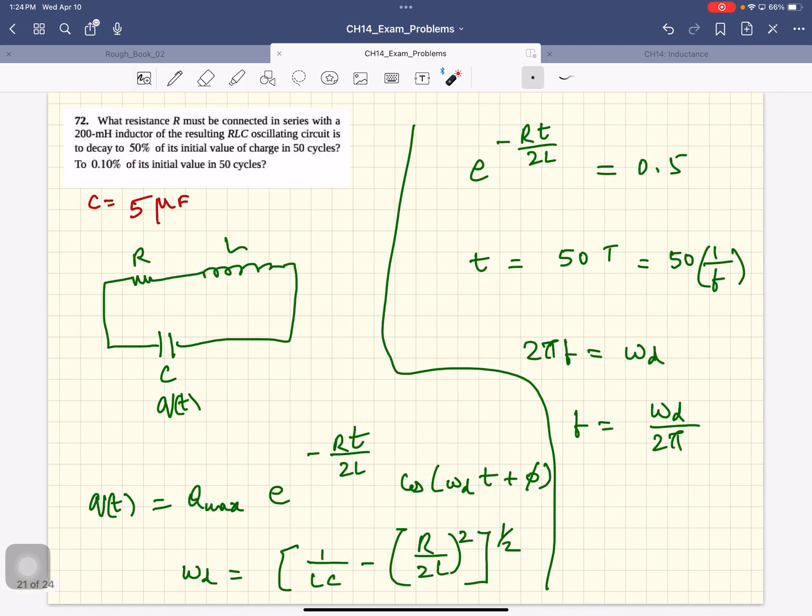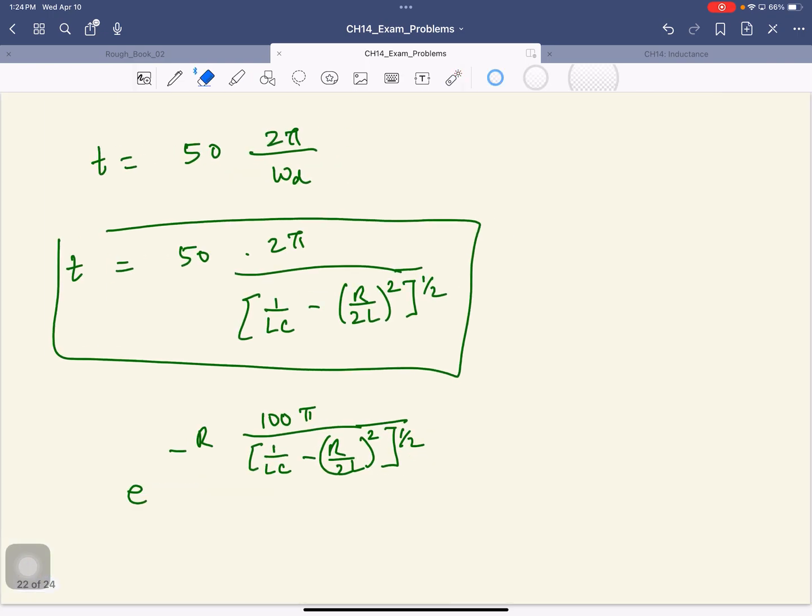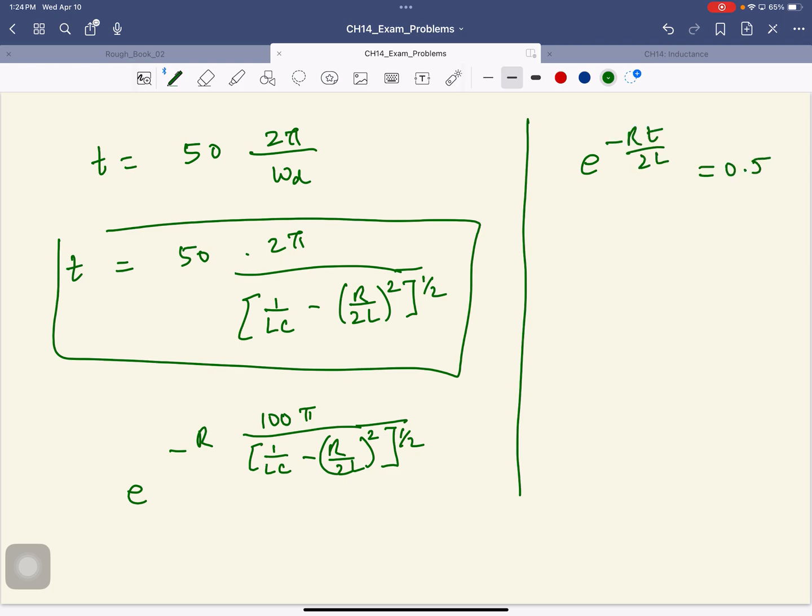What I'm doing is bringing this equation in here and substituting for t. What we want was e to the power minus Rt over 2L to be 0.5, and I'm substituting for t there.